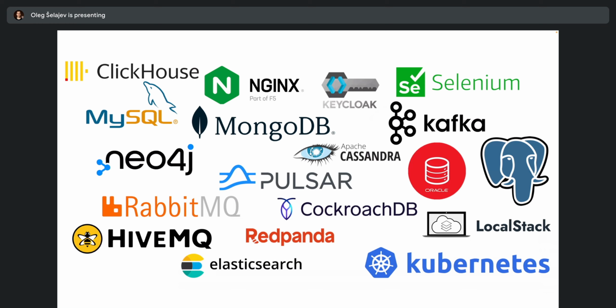You can see there is LocalStack there in the bottom right corner on top of Kubernetes. And the technologies cover all kinds of types of application. There is Elasticsearch for the full text search engine, there are graph databases, there are normal relational databases, there is MongoDB, there is Kafka as a message broker, or HiveMQ as a message broker, I think.